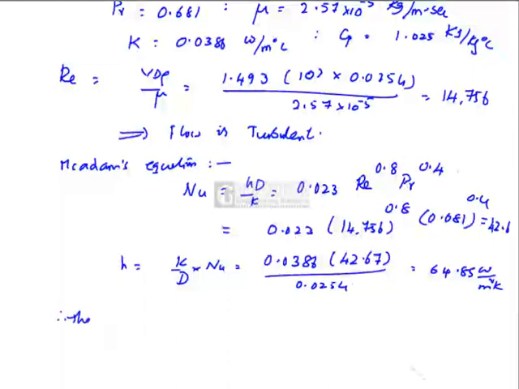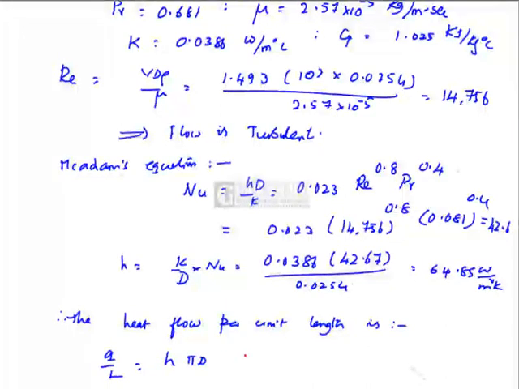Therefore, the heat flow per unit length is given as Q by L is h pi d delta T, that is Tw minus bulk temperature. Throughout the pipe, this difference is given as 20.